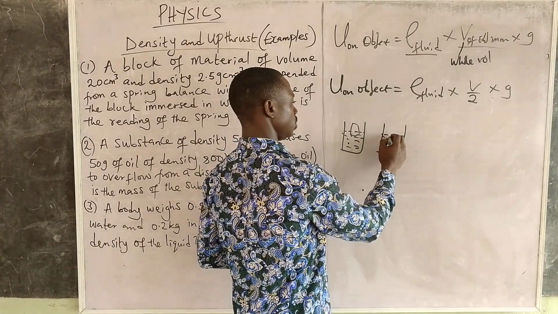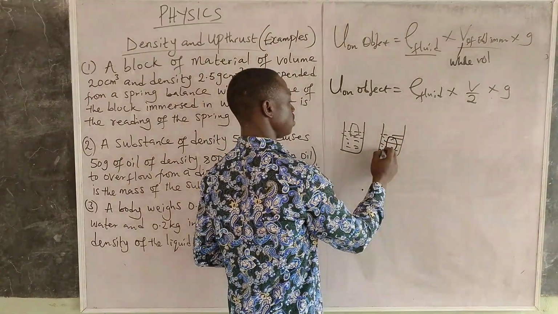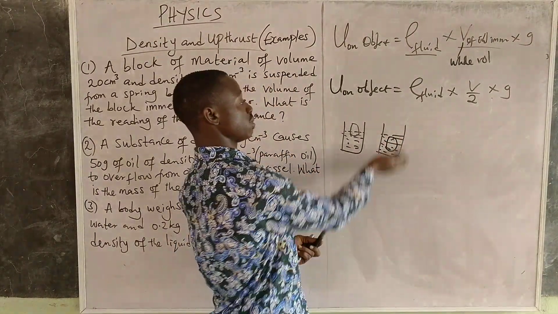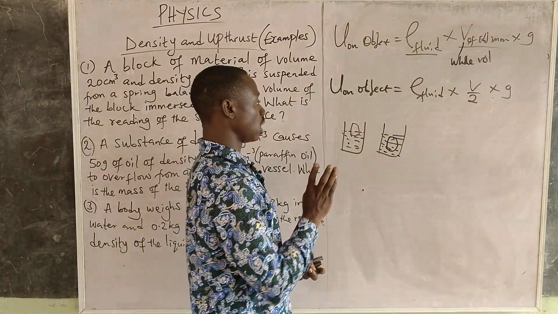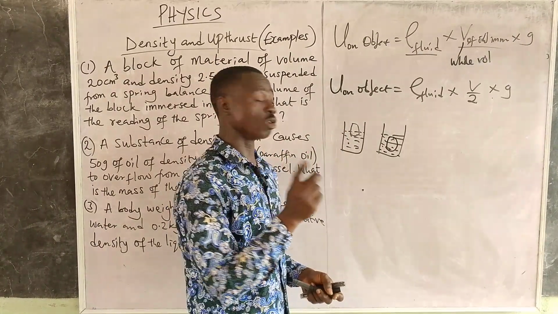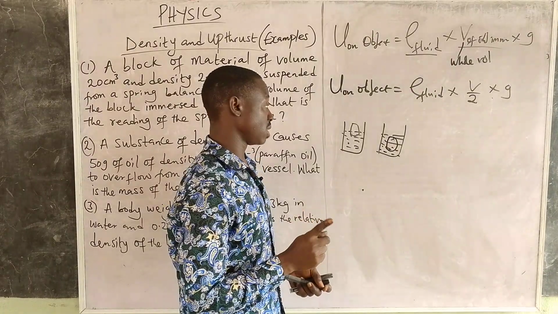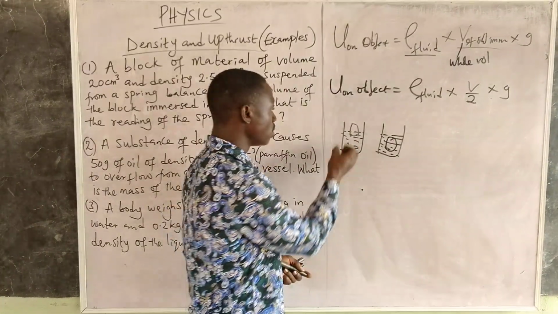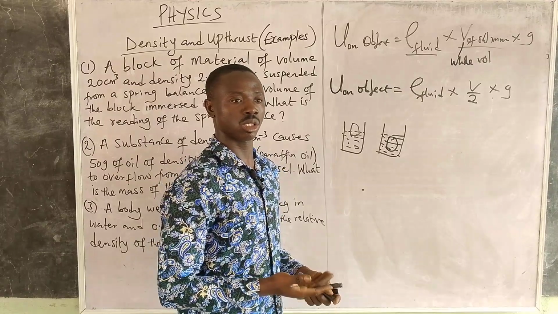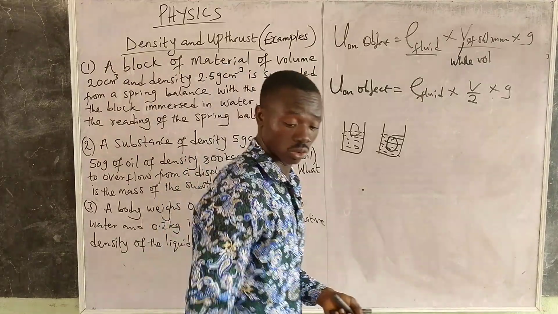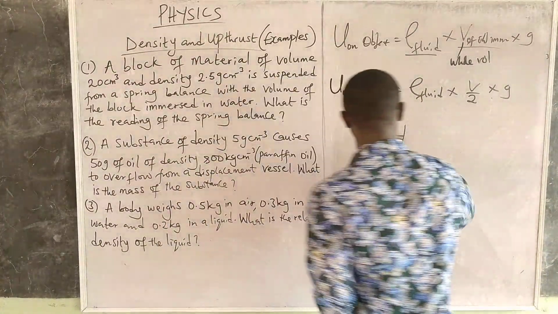Then if I now have the whole object immersed here, there'll be more displacement upward. So this shows that upthrust depends on the volume of the object that is immersed. All right. So the more the volume of object immersed, the more the upthrust on the object. All right. So that is upthrust for you.